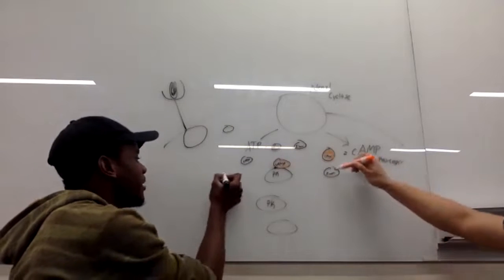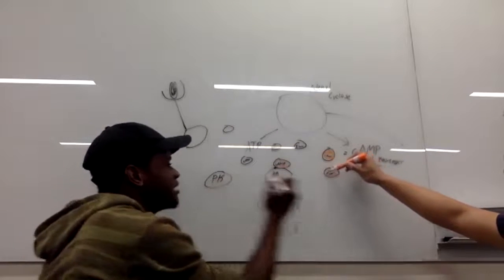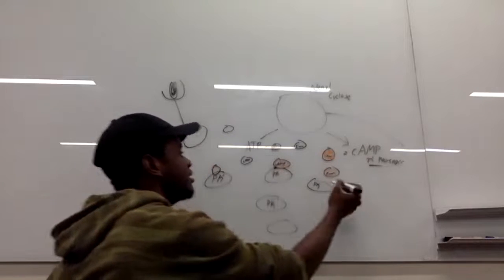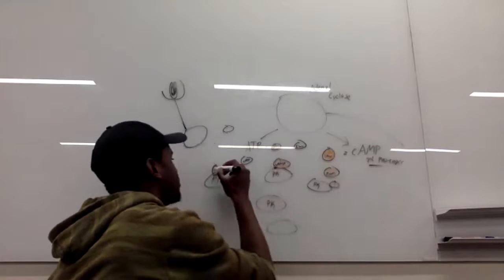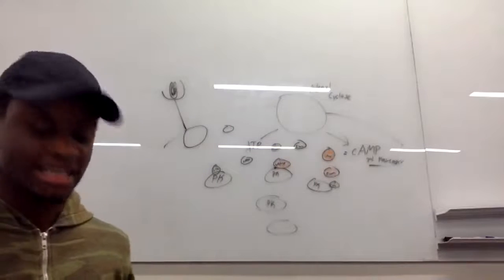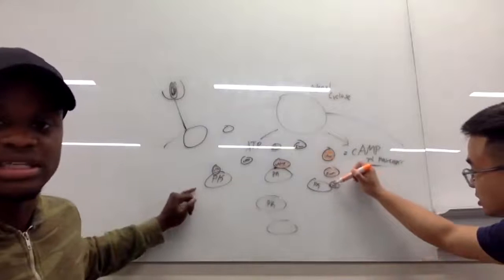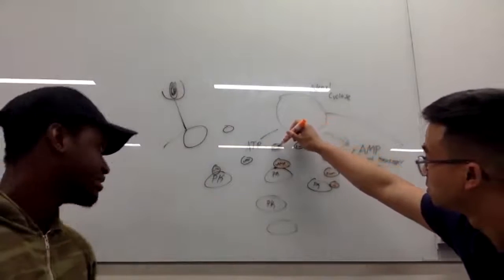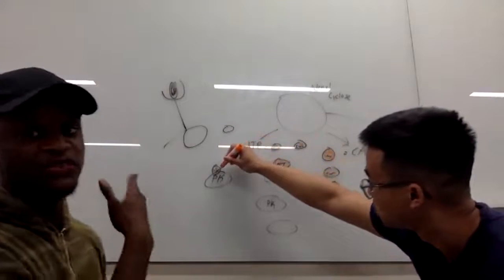These will bind to different protein kinases, which will then activate them. The activation of those protein kinases will then fall down through the protein kinase cascade, where the role of the protein kinase is to phosphorylate.